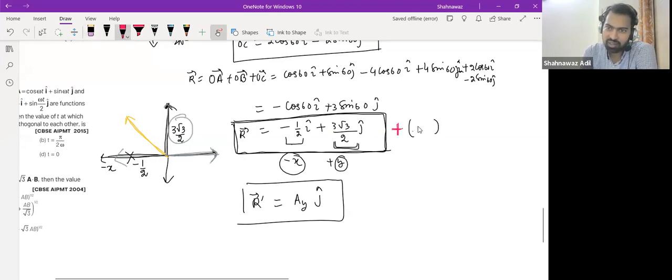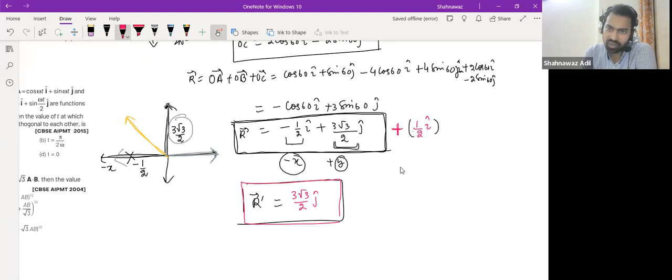So if I add 1 by 2 i, what happens with this vector? This x part will get cancelled, and I will get only 3 root 3 by 2 j. So if I add 1 by 2 i, I will have the vector only in the y direction.